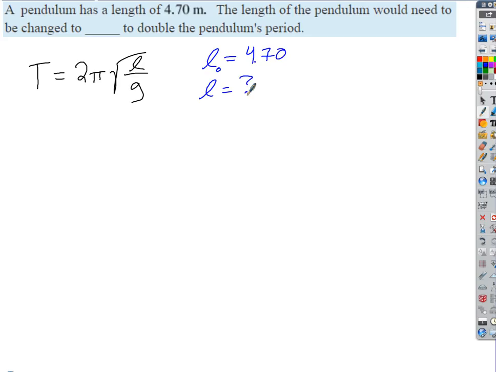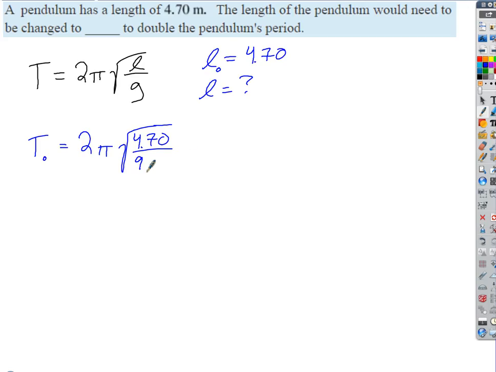Well, what would I do? Good, so one thing I probably want to do is solve for the initial period. All we'd have to do is plug this stuff in. If I want to solve for T naught, our initial period, it's just going to equal 2 pi times the square root of 4.70 over what? 9.80.